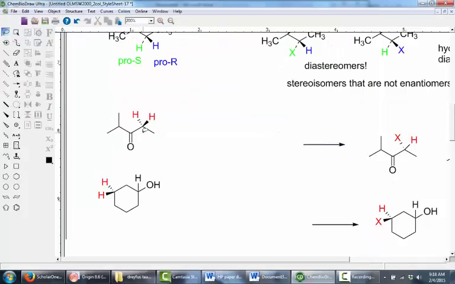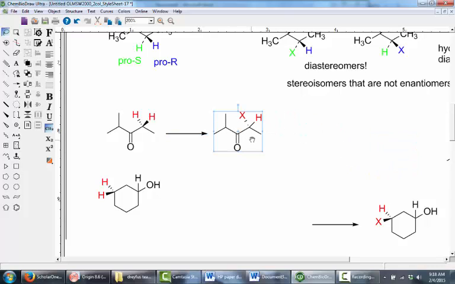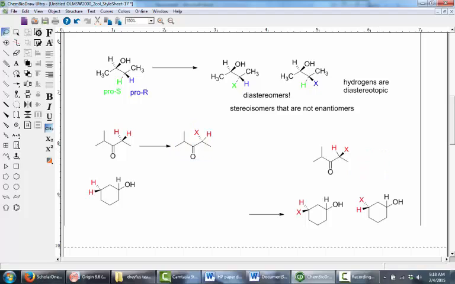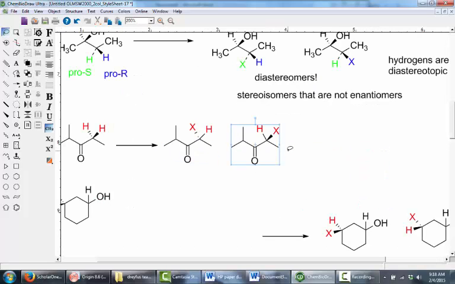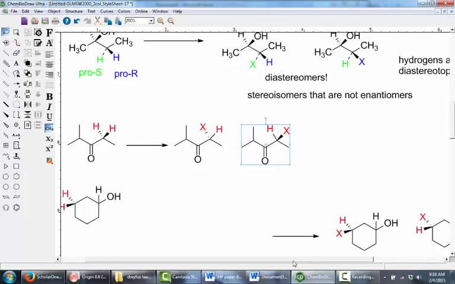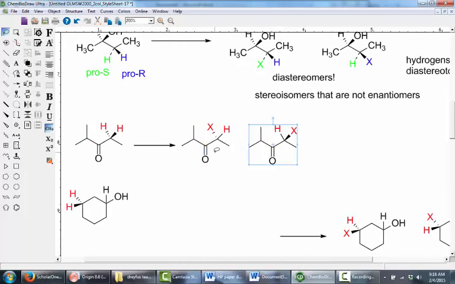So let's look now at this case over here, focusing particularly on these two red protons. What I'm going to do is what I've shown you how to do, which is to replace each one sequentially with an X. So here's the one where I put the X pointing away from me, and here's the other choice where I point the X coming out of the board toward me. These two products that would result if I swap out each one for an X are enantiomers of each other.